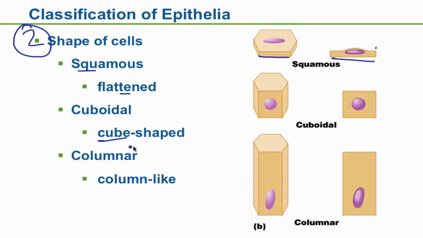Cuboidal means cube-shaped. So if it has a cube kind of shape to it, looks like maybe a square. And then columnar is when it looks column-like. These classifications are really helpful when you're actually going through and giving out examples of epithelial tissue, because it's really easy to think about what the tissue actually looks like.